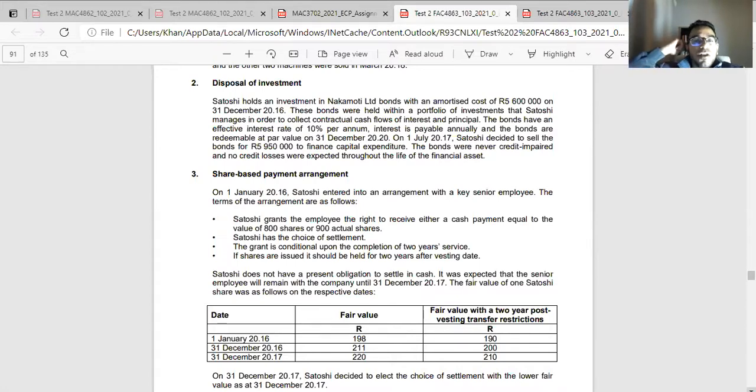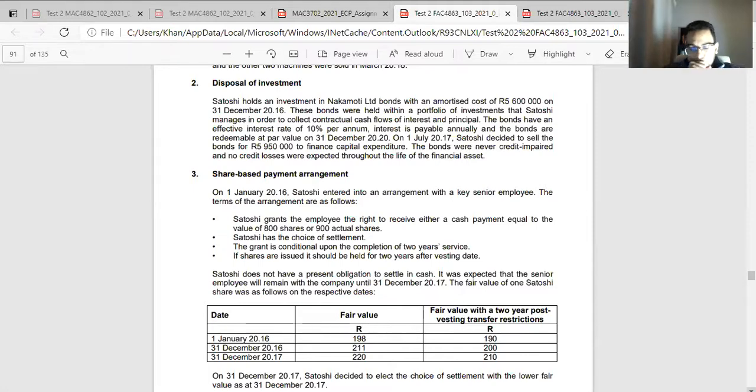Although they sold these bonds before the redemption date of 31 December 2020, it does not mean it is no longer amortized cost. They decided to sell it, they have the right to sell it. They did not change the business model, and the business model was correctly classified at amortized cost. So we will still treat this transaction at amortized cost.